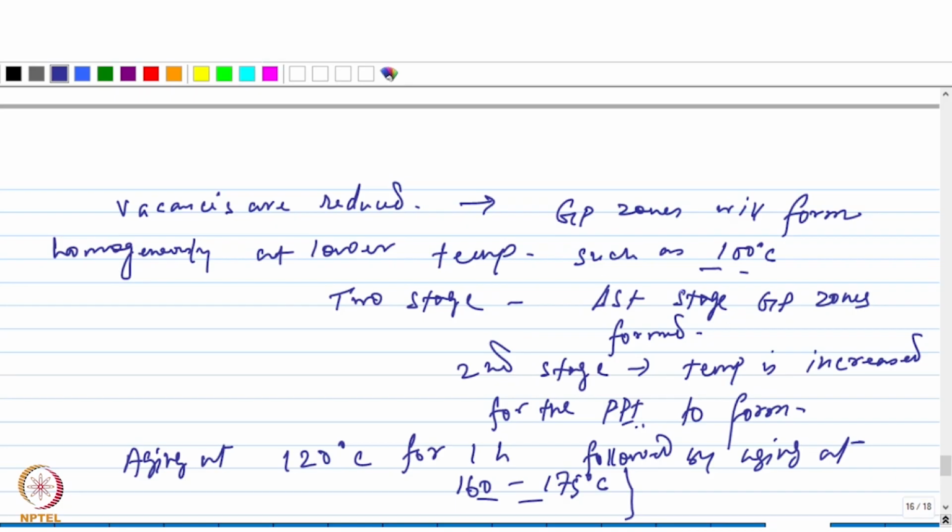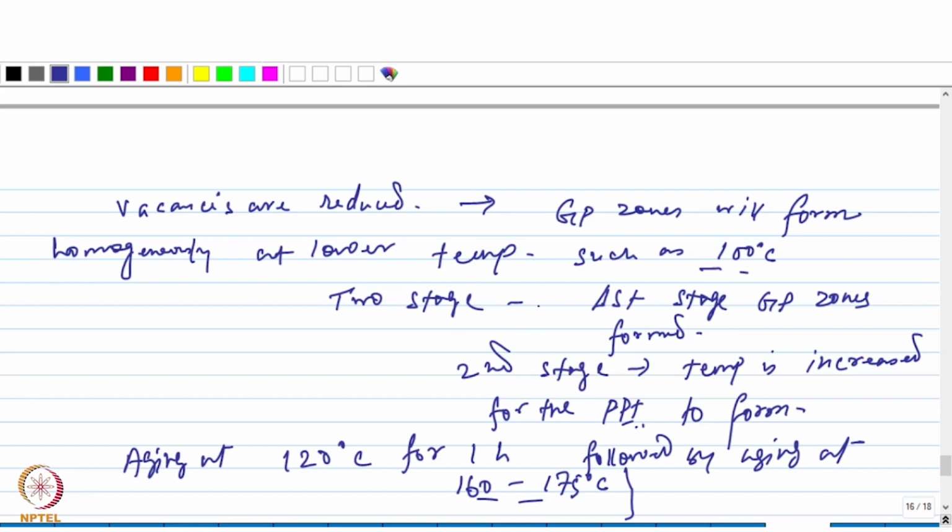In certain scenarios, particularly if you have low vacancy concentrations, the GP zones will form homogeneously rather at lower temperature, and therefore at times it is better to carry out a two-stage aging process for the 7000 series alloy rather than a single stage process.